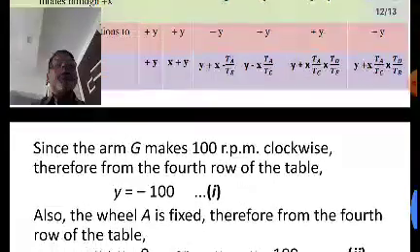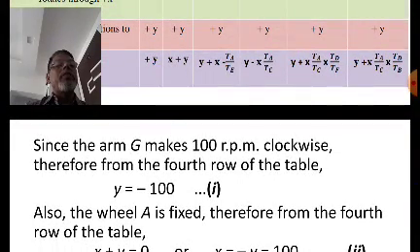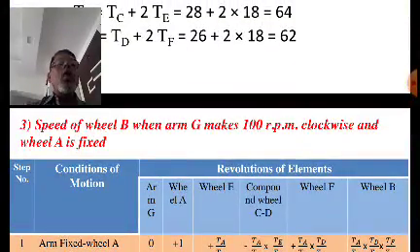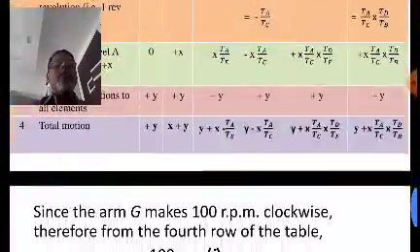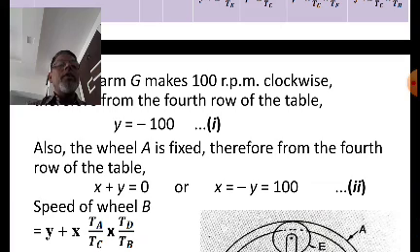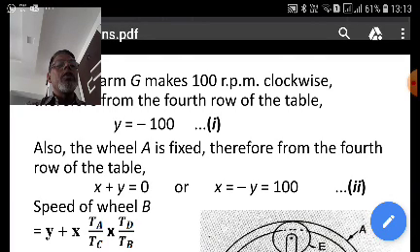Since arm G makes 100 rpm in the clockwise direction, Y is equal to minus 100. Also A is fixed, so X plus Y is equal to 0. So X is equal to minus Y, so X equals 100.